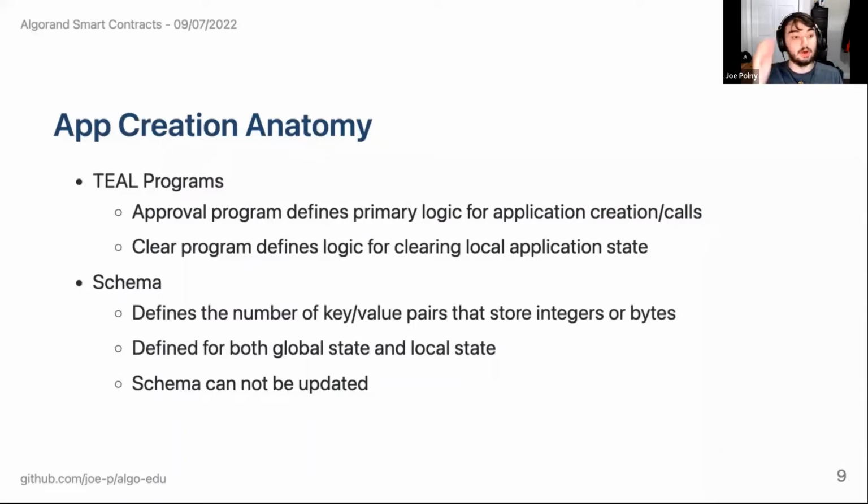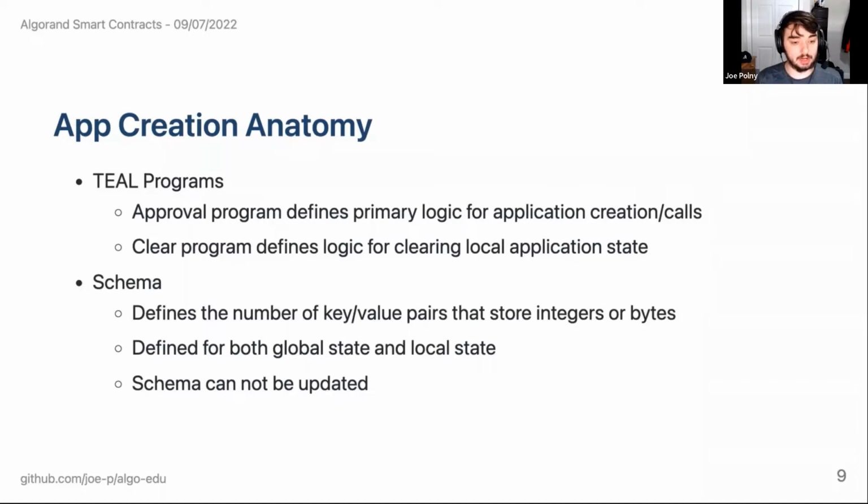And then also, when you are creating an application, you need to define the schema. By schema, this basically means what the sort of data you're saving in global and local state looks like, so whether you're saving integers or byte arrays.